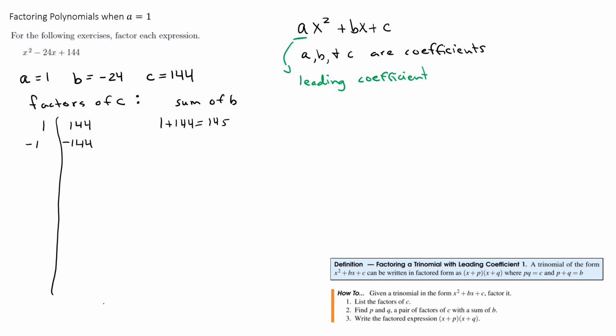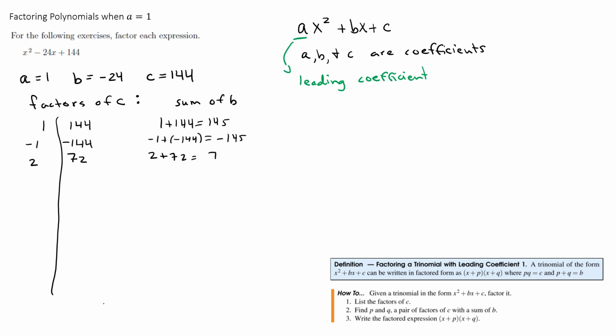Our next one is 2, so that's 2 and 72. 2 plus 72 gives us 74. Negative 2 and negative 72 give us negative 74. So we see that we're adding these together.